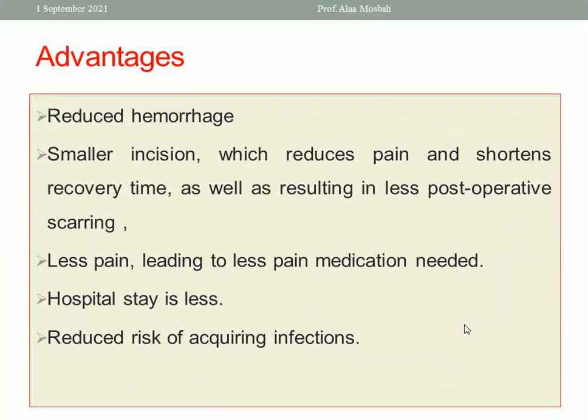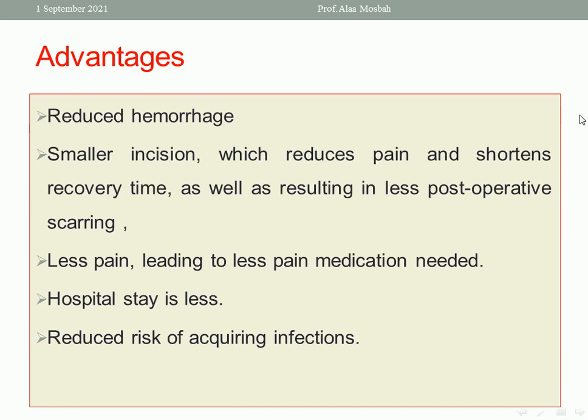What is the advantage of laparoscopy? Of course, it's a minimally invasive procedure with less hemorrhage, smaller incision, more cosmetic, reduced pain, and shortened recovery time, as well as resulting in less operative scarring, earlier hospital discharge than laparotomy, and less pain, so less pain medication also needed, and reduced risk of acquiring infection.